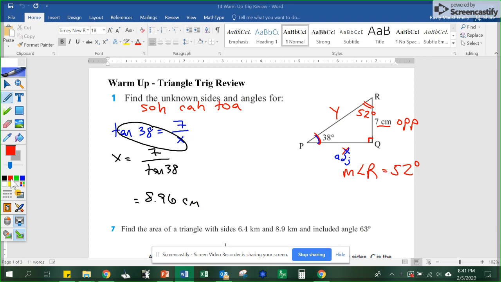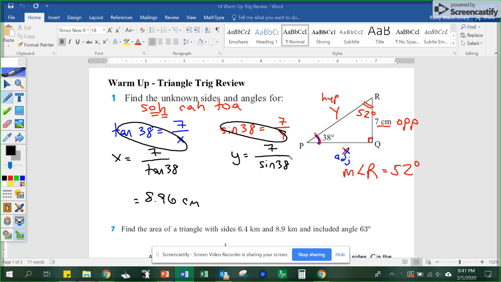And then to solve for Y, in this case, Y is the hypotenuse. Again, I want to use the information I'm given. So the 7, the opposite, and the hypotenuse, that would be sine, right? Opposite and hypotenuse. So sine of 38 equals 7 over Y. And once again, with this trig equation set up the way it is, and the variable on the bottom, these two things switch places, and we end up with Y equals 7 over sine of 38.